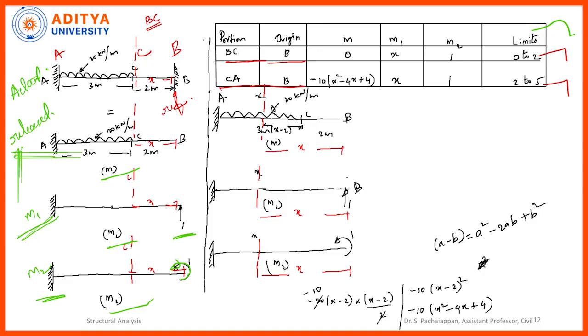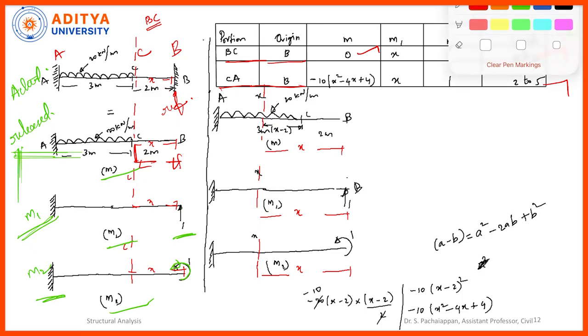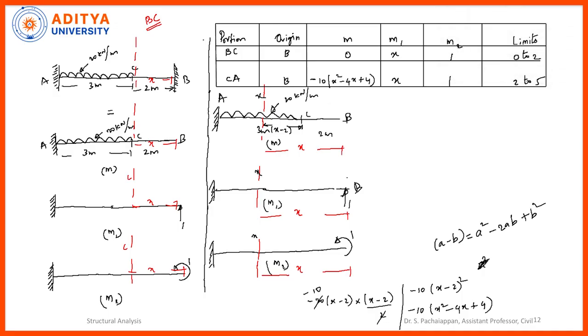Now coming to the M diagram. In the M diagram, in between the portion C to B, there is no loading. That's why we have the 0 value. Now what about the M1 diagram? Here 1 unit force is acting, multiplied by the linear distance x.